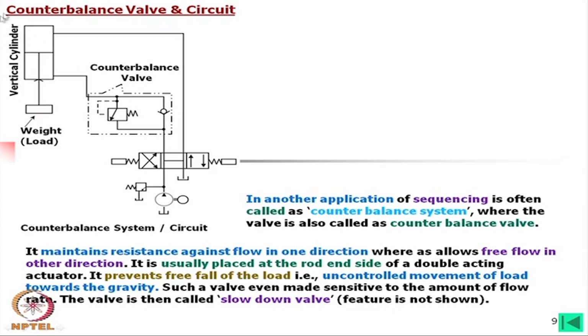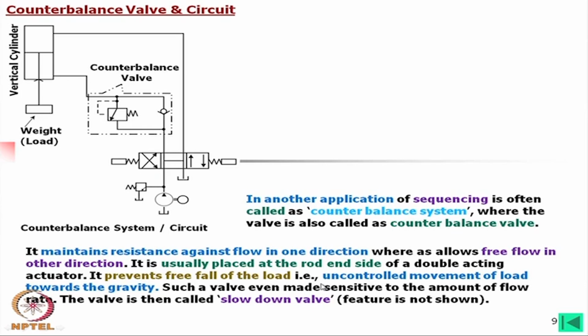This is a double acting actuator and the cylinder we have placed in a vertical direction. It can be upside down also, but this is not for horizontal work. Normally, where we are lifting a load, there this counterbalance is used.